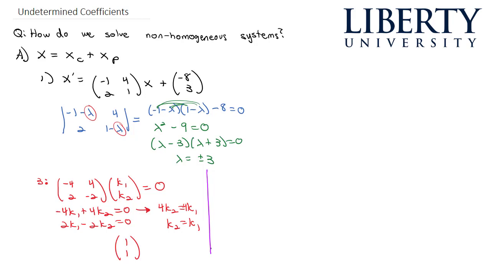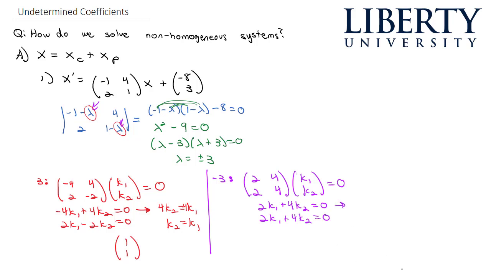Then we go back and solve for the other eigenvalue of -3. Plugging those into our lambdas, we end up with -1 minus a -3 is 2, 4. And 2, 1 minus a -3 is 4, times the eigenvector k1, k2 is equal to the 0 matrix, which gives us 2k1 plus 4k2 equals 0. And the second equation is identical.